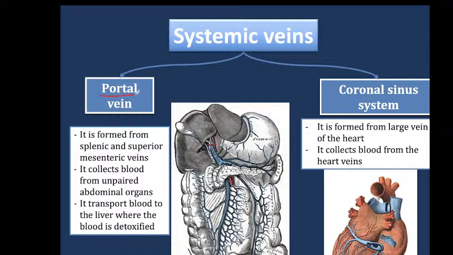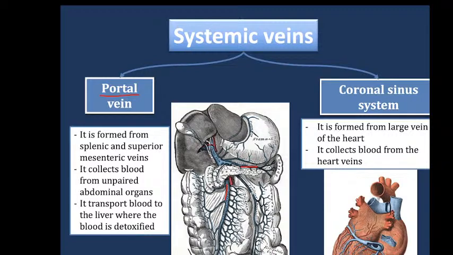This is the portal vein. Vena porta is formed from the splenic vein, the superior mesenteric veins, and sometimes the inferior mesenteric veins.